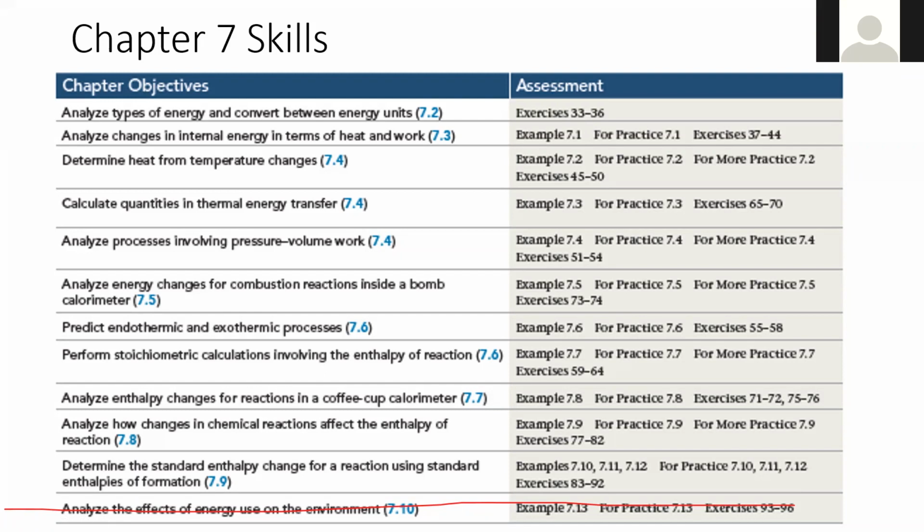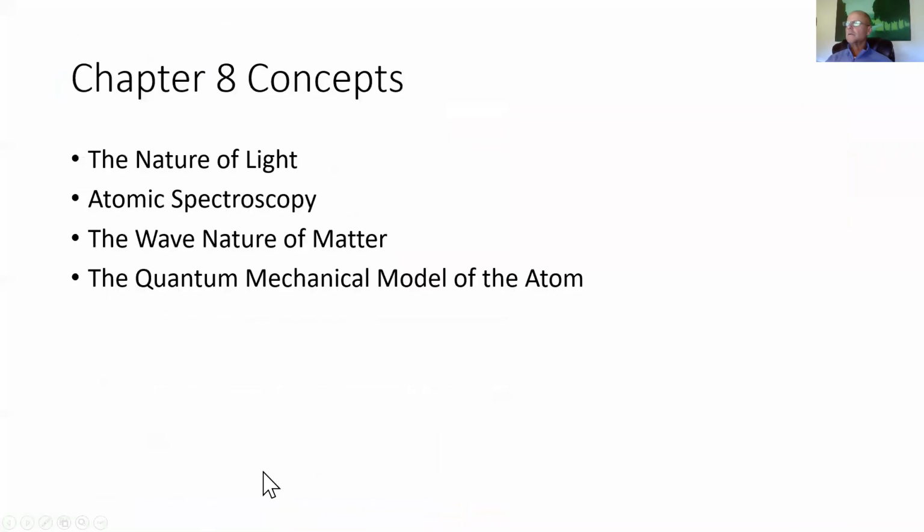The sum of the other ones. That's exactly right. Very, very good. Thank you. And then lastly, be able to determine the standard enthalpy change for a reaction using standard enthalpies of formation. Those are those tabulated things.